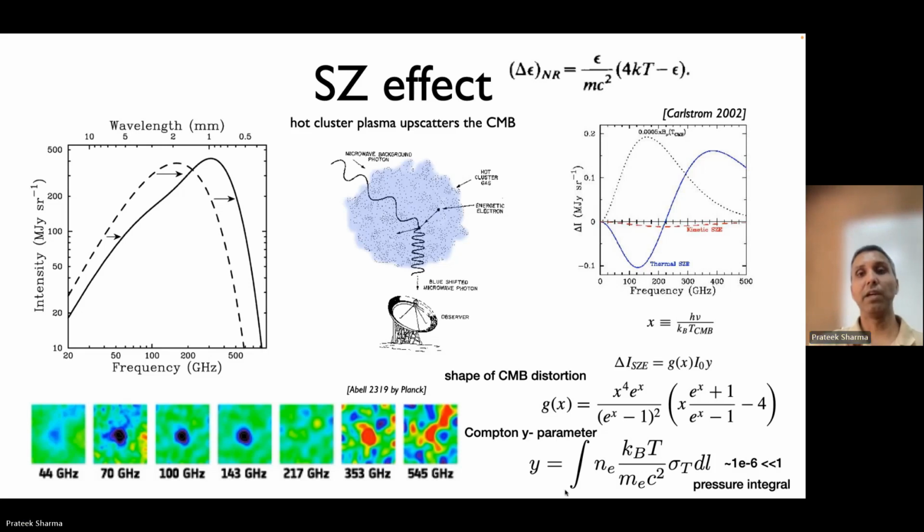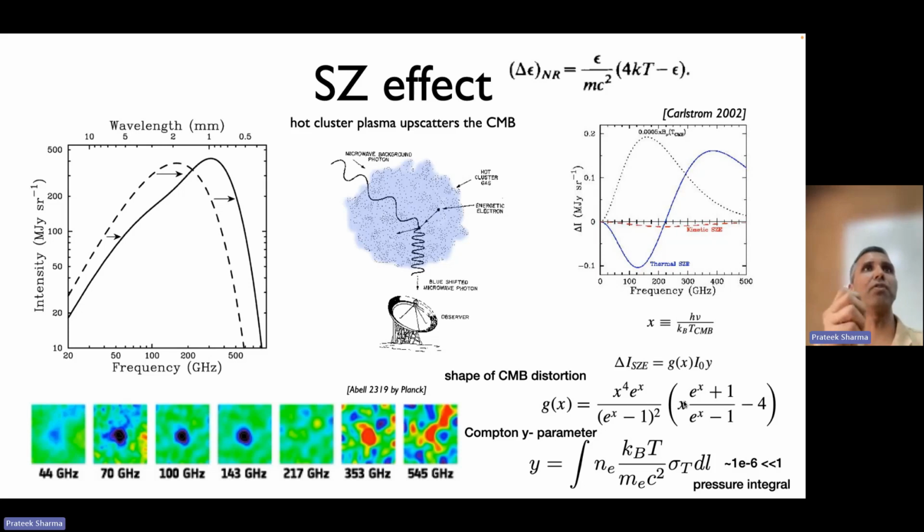And also, the deeper the potential well, the larger will be delta E by E, delta epsilon by epsilon. So this is what the Compton Y parameter quantifies. And the physics of this comes from some sort of a Boltzmann equation for photons, right?